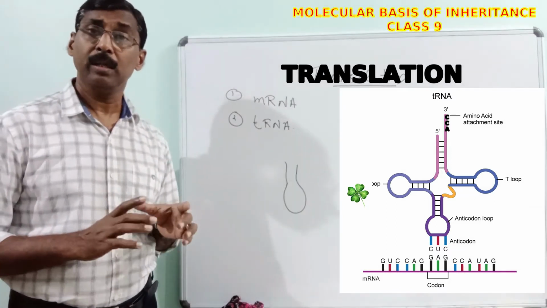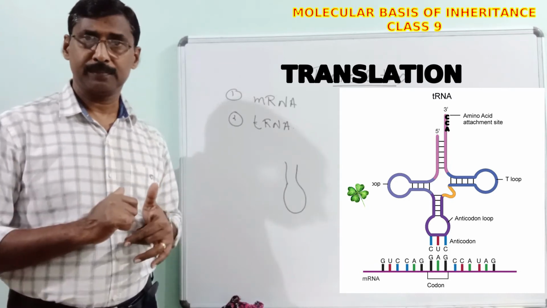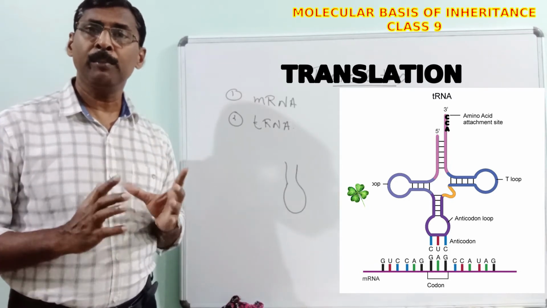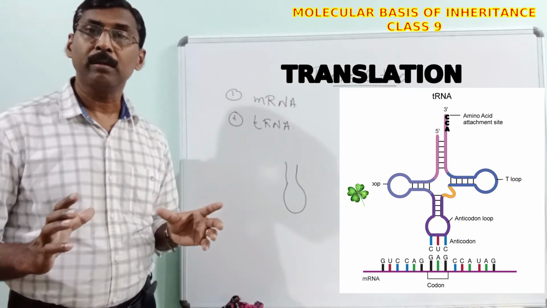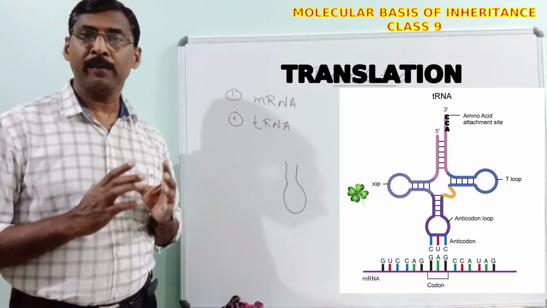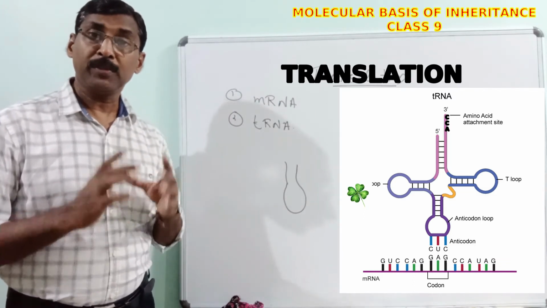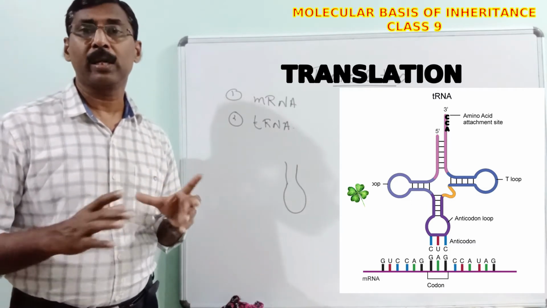Transfer RNAs are amino acid specific. That means for every amino acid, there is a separate transfer RNA. And moreover, not just for every amino acid, but for every codon, separate transfer RNAs are there.